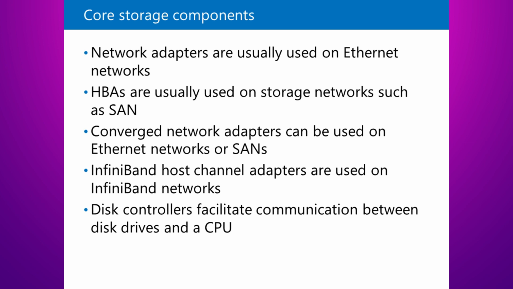This topic examines the characteristics of these components and provides a high-level overview of scenarios for which each component is best suited. Network adapters. Network adapters are composed of microchips and physical ports that are on a motherboard or an expansion card. Network adapters provide connectivity primarily to Ethernet networks.